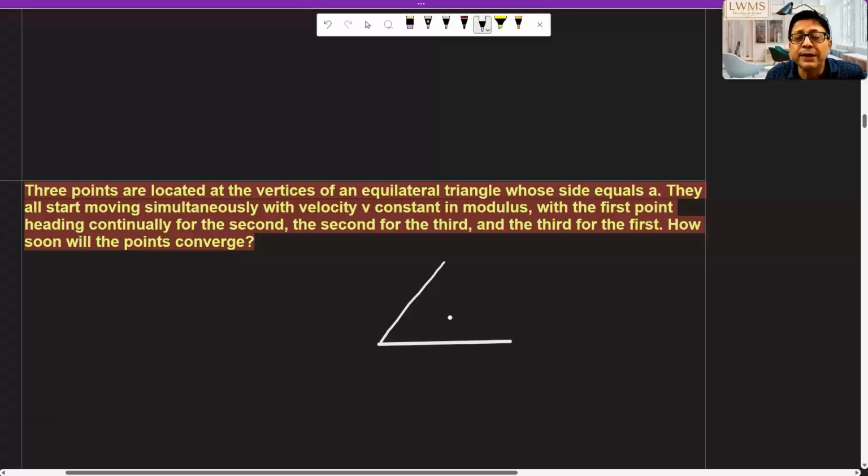If this is a descriptive question, then you have to answer accordingly. If you don't give enough reason, then it will be cancelled. So these are 3 points of an equilateral triangle of side length A. What is happening there? All are moving. This one leaves this point, this one leaves this point, leaves this point.